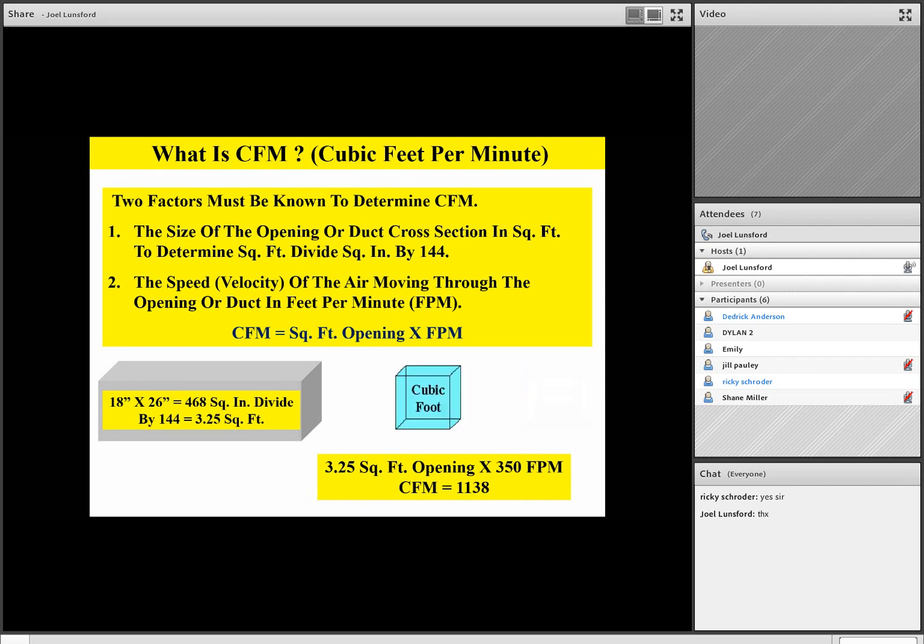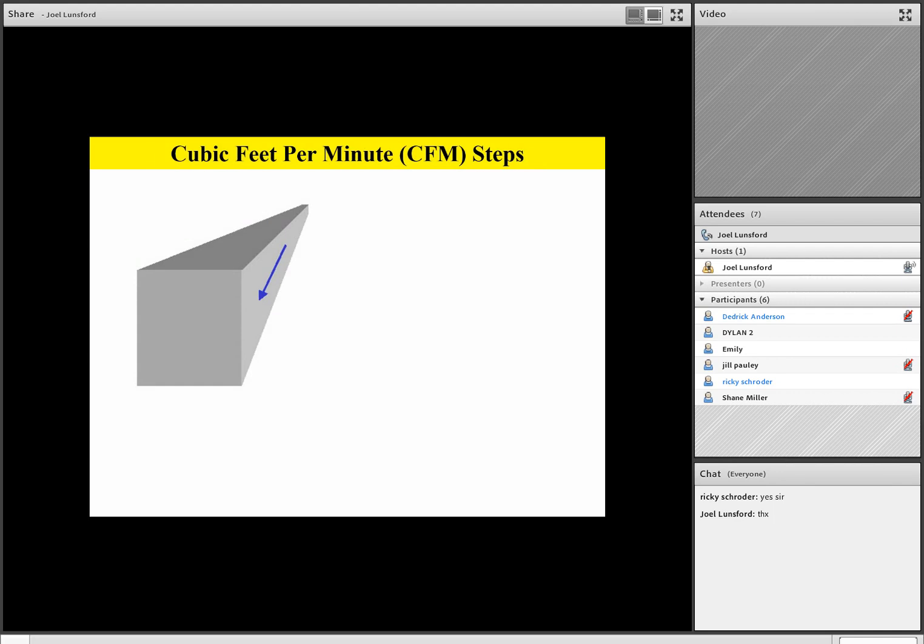Okay, well, let's do some practice together. So let's say, for instance, we want to actually measure the CFM moving through a duct system, and in our graphic you see what looks like a piece of ductwork in a 3D view, a long piece of ductwork, and we also have a little arrow that's pumping and moving, showing us the direction of the air.